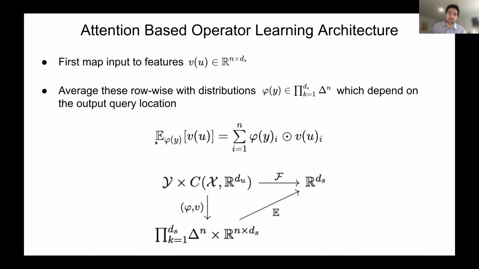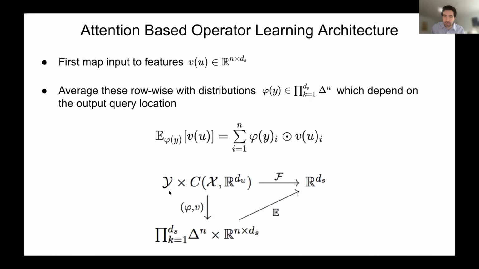We'll use this notation, the expectation of these features with respect to the probability distributions that we create, to mean we're going to average over the rows of these features with each distribution contained, one for every copy of the simplex here. And so we could write it this way, that it's a sum of a bunch of component-wise products of the columns of V. So the average is going over the rows, so we sum all of the columns together weighted by the weights given by this phi function.